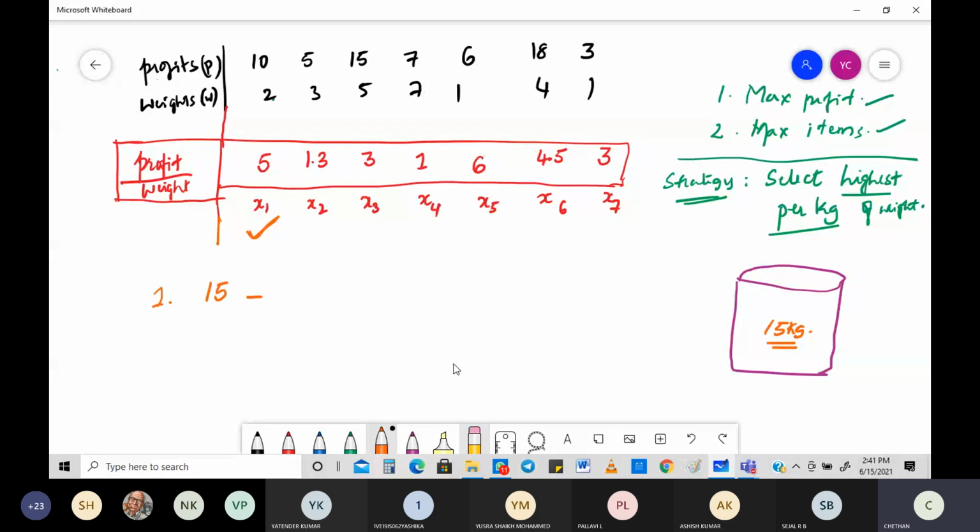The same strategy I followed in the coin change problem: highest denomination, whatever is there, I need to use that. I need to use the highest per kg. So will I use 5 just because it is first? No. I will use the maximum, which is 6. It is all about finding the maximum element. What is the maximum per unit per kg here? 6.